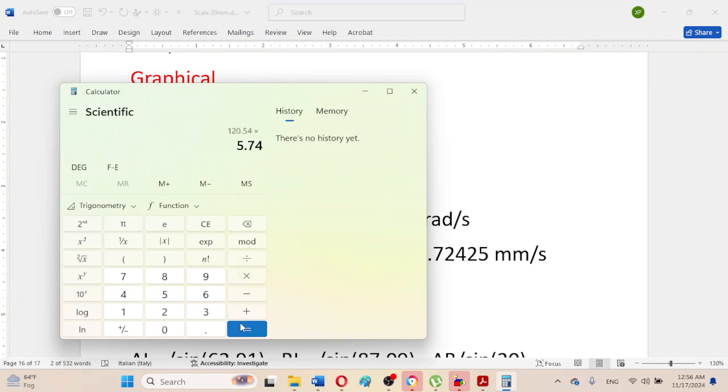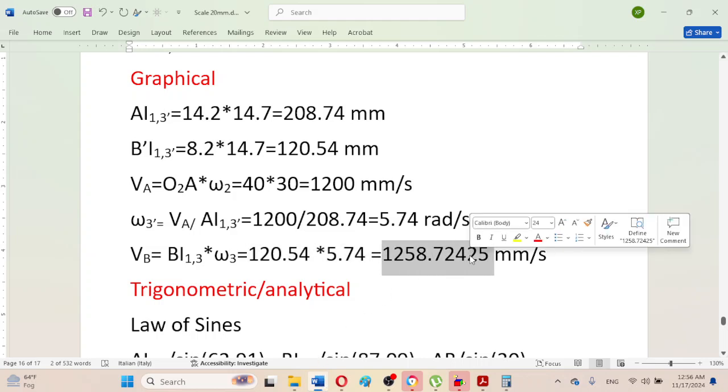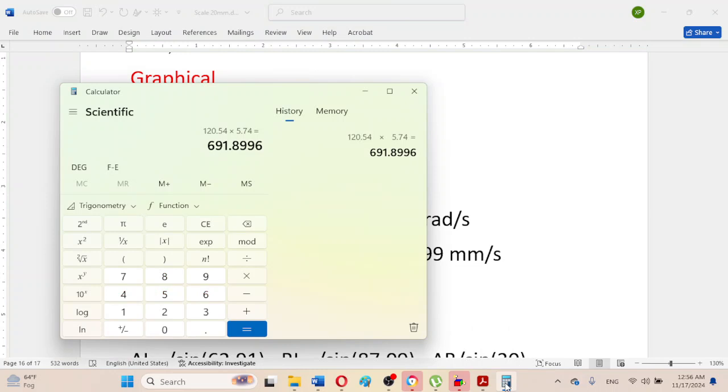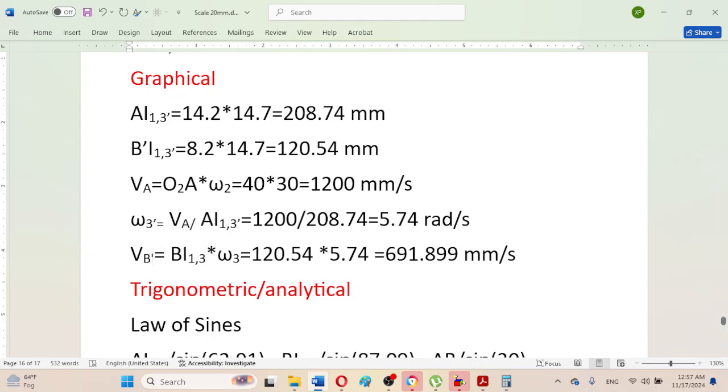So this comes out to be equal to 691.89 millimeter per second. So this is the velocity V B dash for this left hand slider.